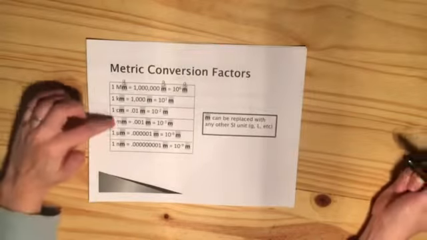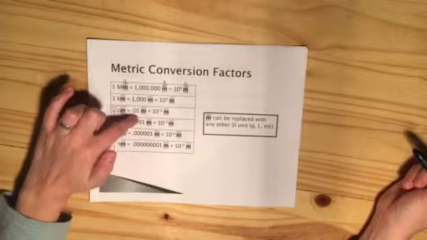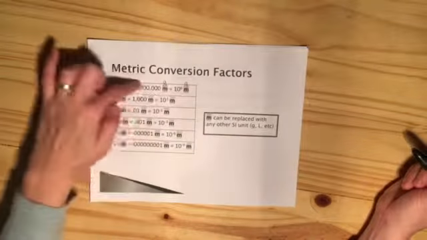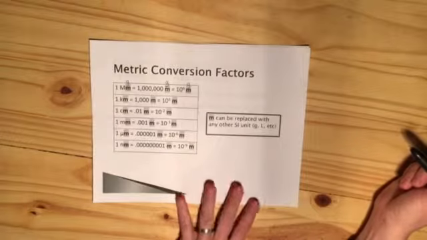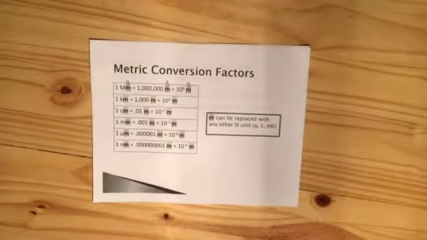Usually what I do is if it's a small number, I usually write it out like this. When it gets bigger, I tend to use scientific notation, but we will use these interchangeably throughout the course.